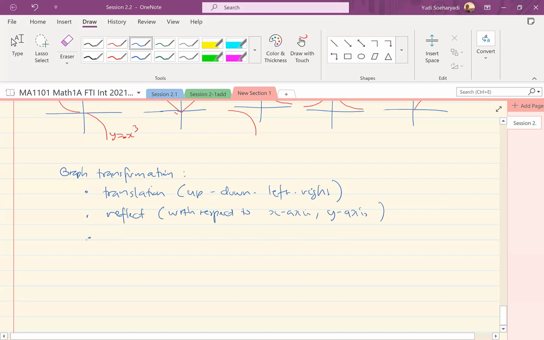Okay, and we have also dilations. You can dilate the x-axis or the y-axis. All right.